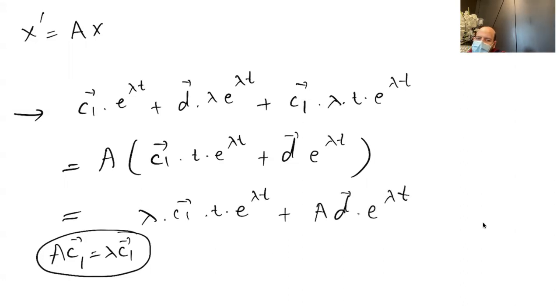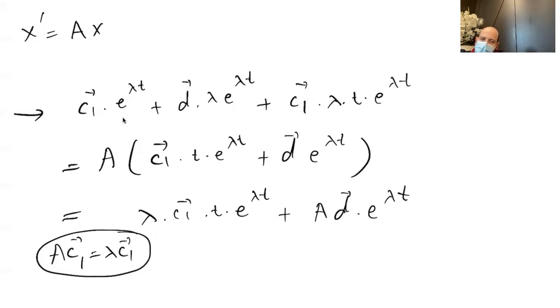If I expand the right-hand side, it's A times this, and A times d e to power lambda t, A times d, I cannot simplify it, I can leave it as Ad. So this is the simplification of the right-hand side, and this is supposed to be equal to the left-hand side, which is the addition of these three terms.